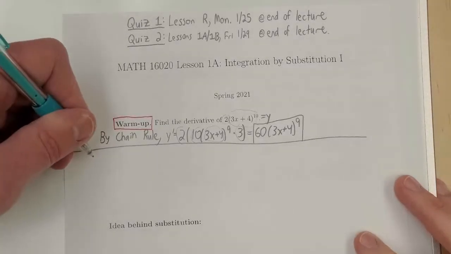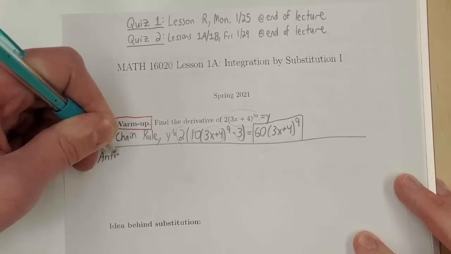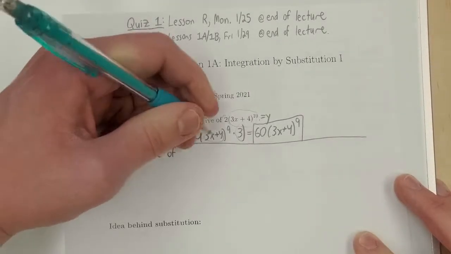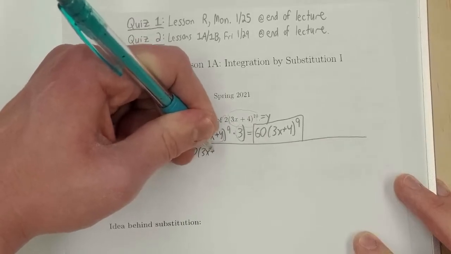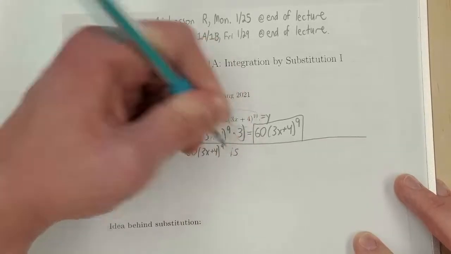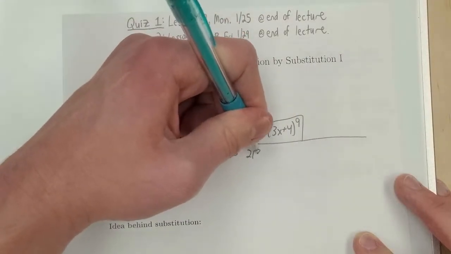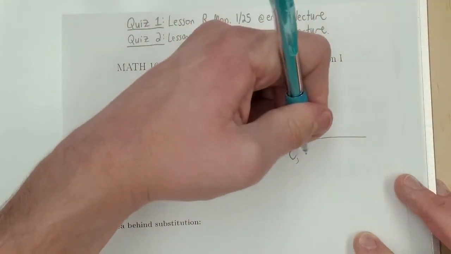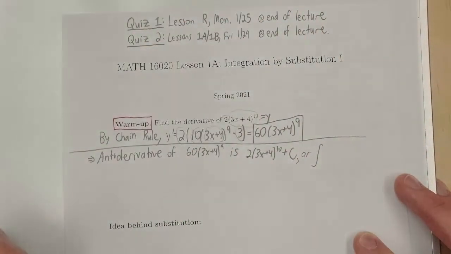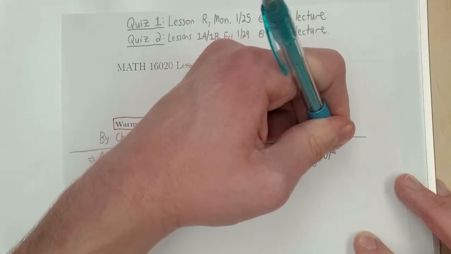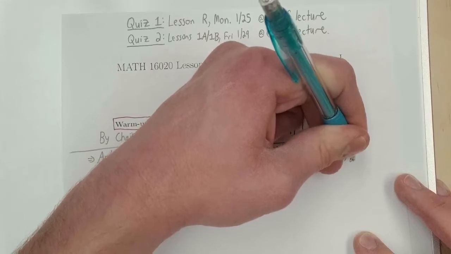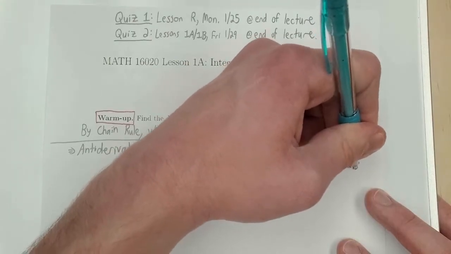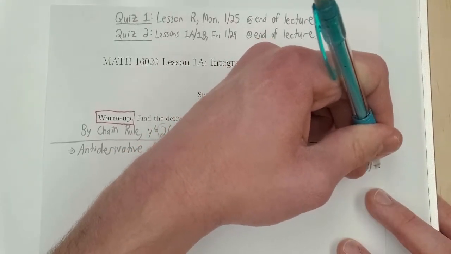The antiderivative of 60 times (3x plus 4) to the power of 9 is going to end up being 2 times (3x plus 4) to the power of 10 plus c. Or, using actual integration notation, the integral of 60 times (3x plus 4) to the power of 9 dx is equal to 2 times (3x plus 4) to the power of 10 plus c.